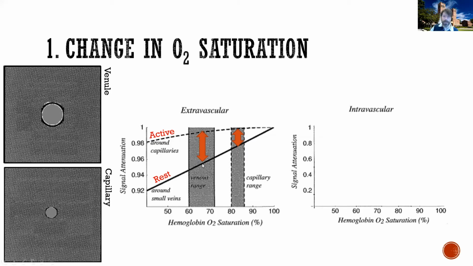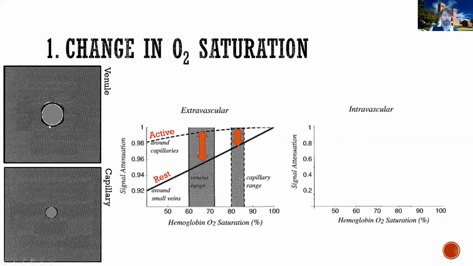And you can already notice the change between how much faster protons dephase when nothing is happening, rest, here and here for the venules and capillaries, versus the dephasing that happens when there is neural activity and so there is more oxygen saturation inside the blood vessels. You can see the magnitude of the change is much larger around larger blood vessels than capillaries.